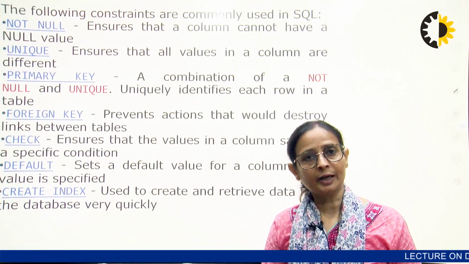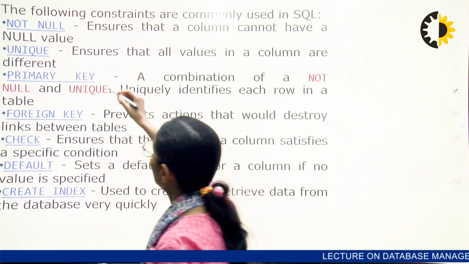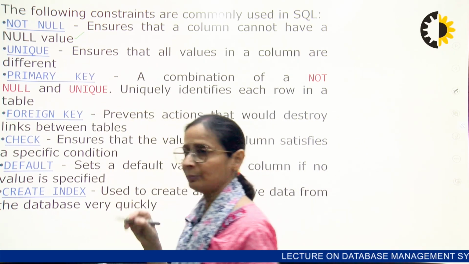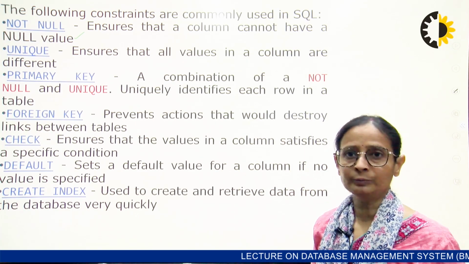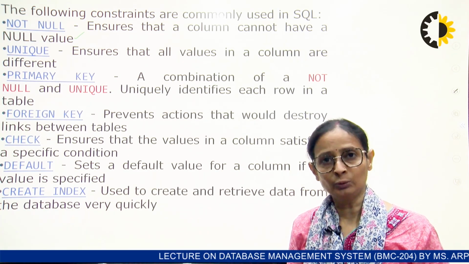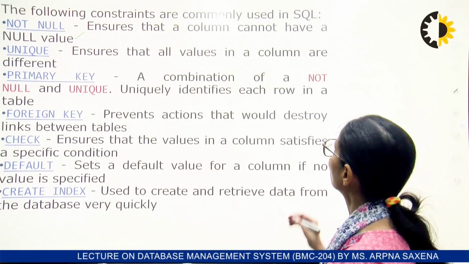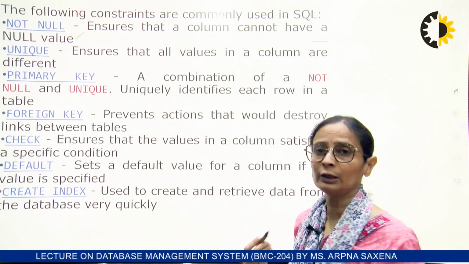What are the different types of constraints available? Not null. Whenever I apply this constraint, it will ensure that every time the user gives some value to that particular column. So it ensures that a column cannot have a null value.